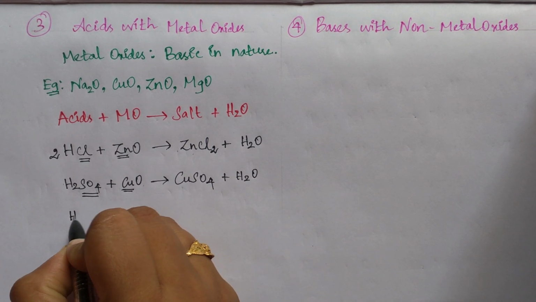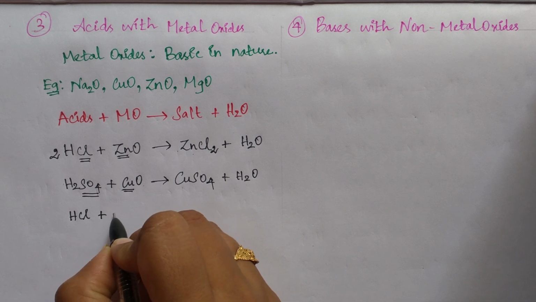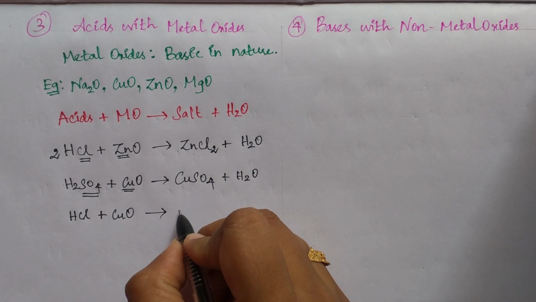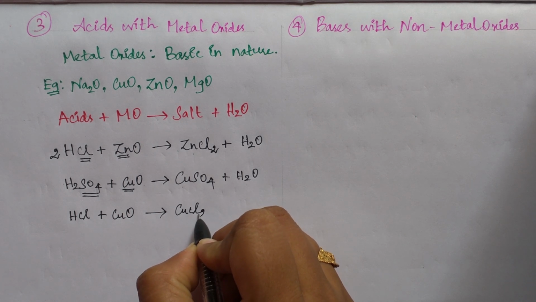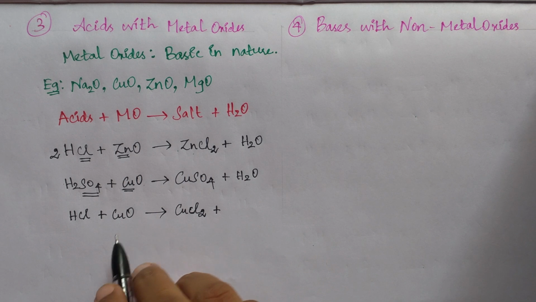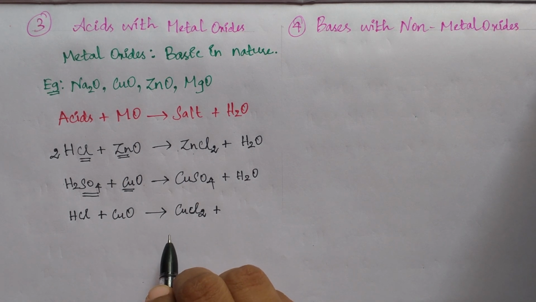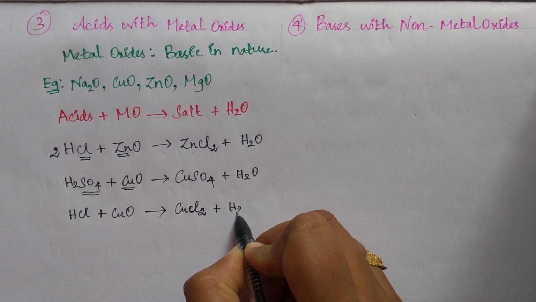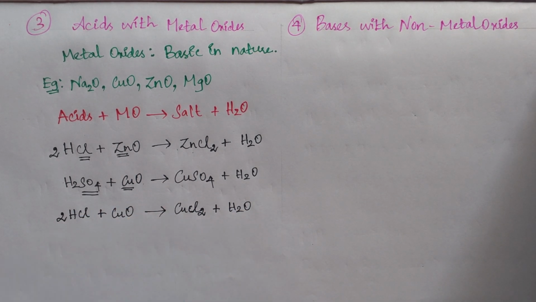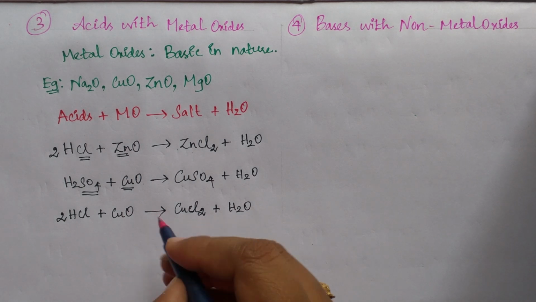Or in your book it is given as when copper oxide is mixed with HCl, what happens? It forms copper chloride, which turns the color of copper oxide, that is black color, to blue green solution plus H2O. Here 2 chlorine, so here also 2. Here the important concept is the solution turns into blue green color.